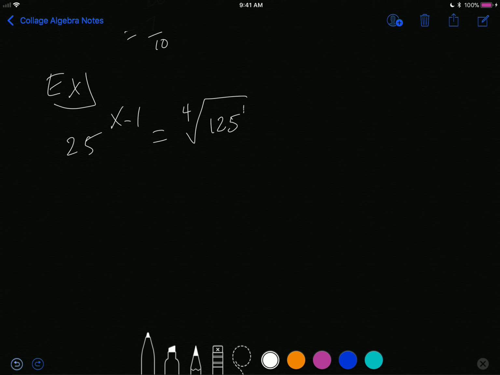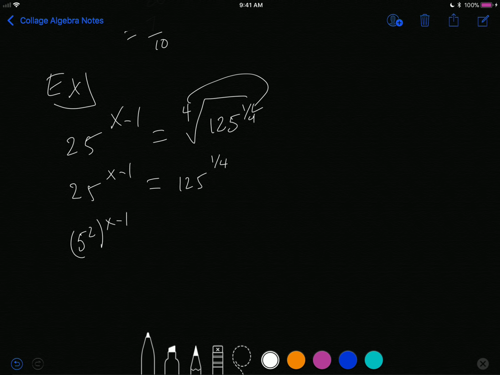So I get rid of the radicals. First thing you always want to do is get rid of the radical. 25 to the x minus 1 is equal to 125 raised to the 1/4 power. Remember, the 1/4 becomes the denominator when you're converting. And then, we've already seen this. 5 squared is 25. 5 cubed is 125.